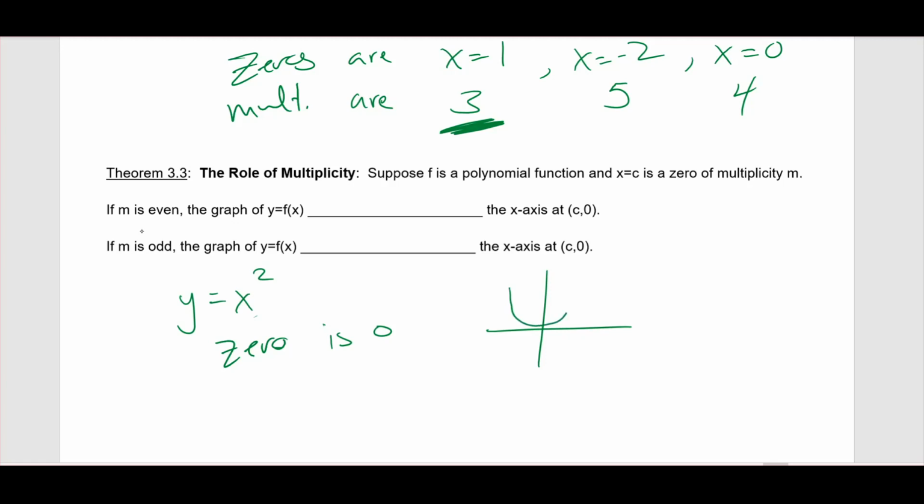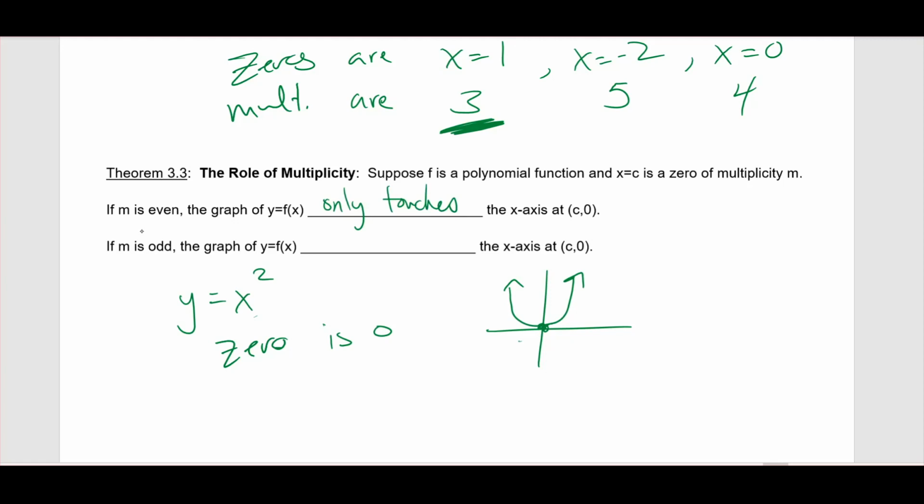So graphically, that means it's always above the x-axis or on the x-axis. It's never below the x-axis. So if m is even here, if our multiplicity is even, our function does not change sign, which means that it only touches the axis.